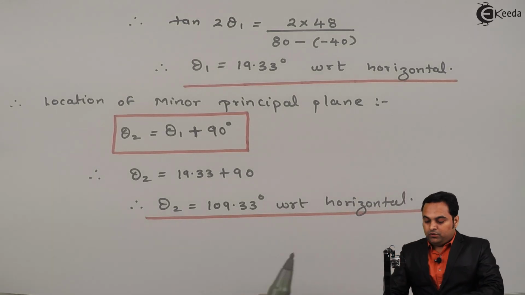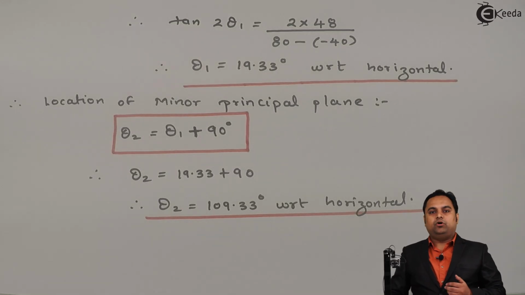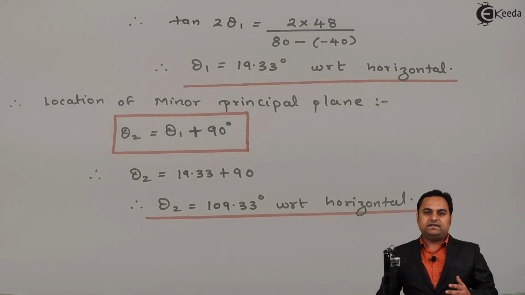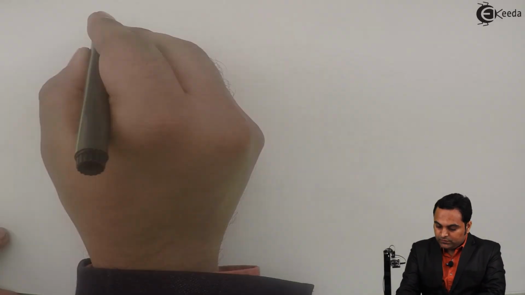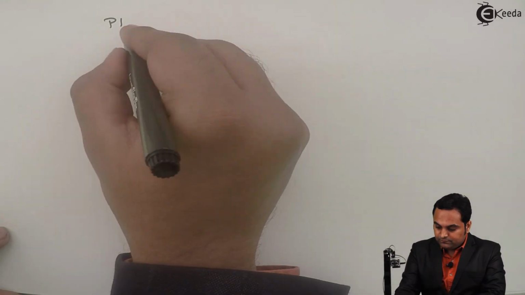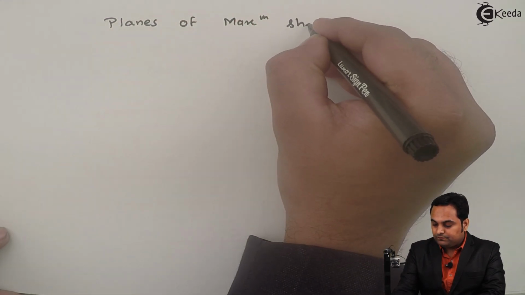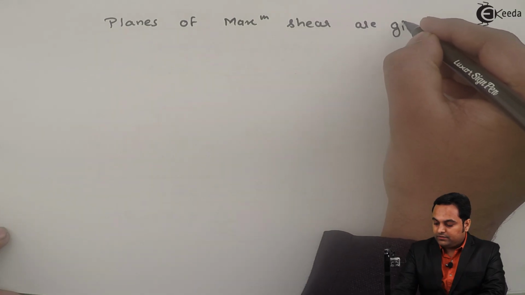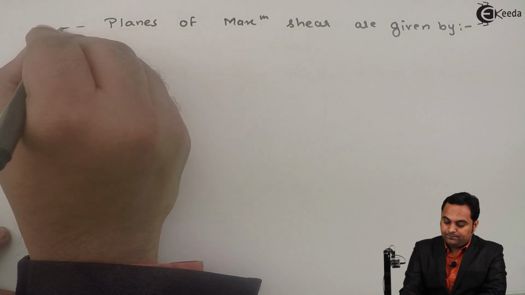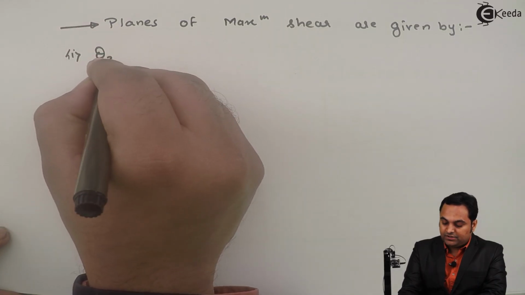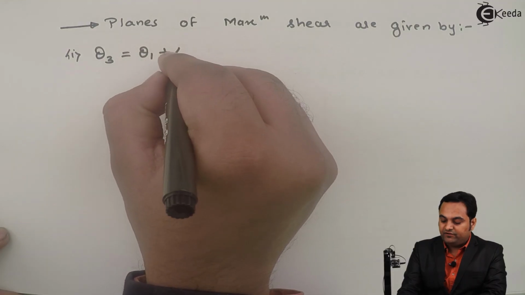Now, once we have got theta 1 and theta 2, we can find the location of plane carrying maximum shear stress. So therefore, planes of maximum shear are given by, the first plane is theta 3 and that is equal to theta 1 plus 45 degree.